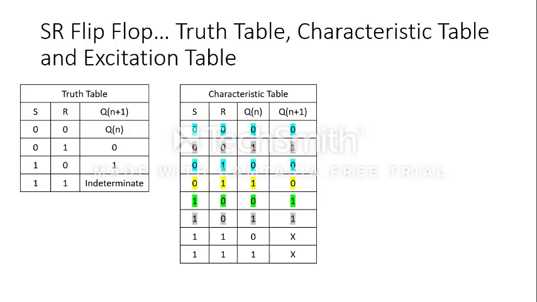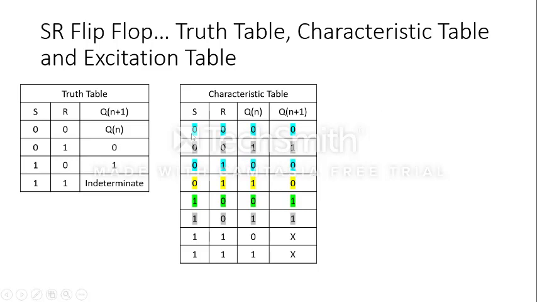So that is a different thing. We are assuming that we have set the clock pulse as 1. Now let us check what is happening in our characteristic table. Your set is 0, reset is also 0. So this was the condition when your Qn plus 1 will be equal to Qn.